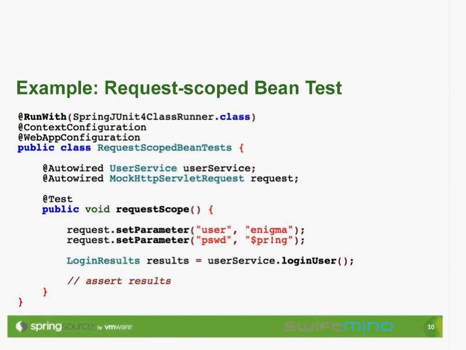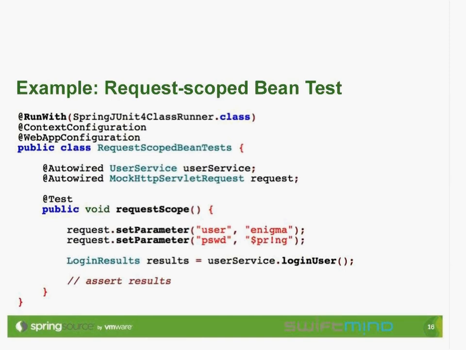Here we have an example using JUnit, so JUnit's annotation @RunWith, telling JUnit to use the SpringJUnit4ClassRunner. That says use the Spring TestContext Framework to run an integration test. And then we see the two annotations from Spring we just talked about in the previous slide, @ContextConfiguration and @WebAppConfiguration.